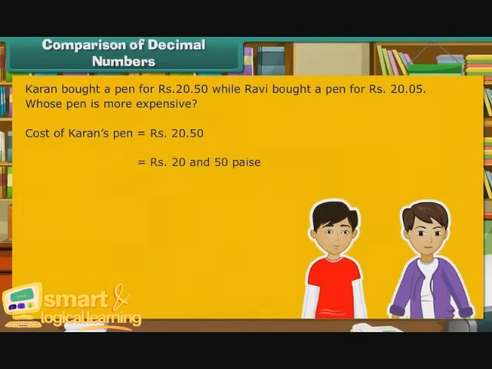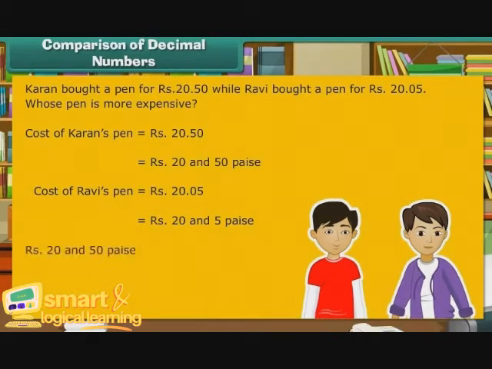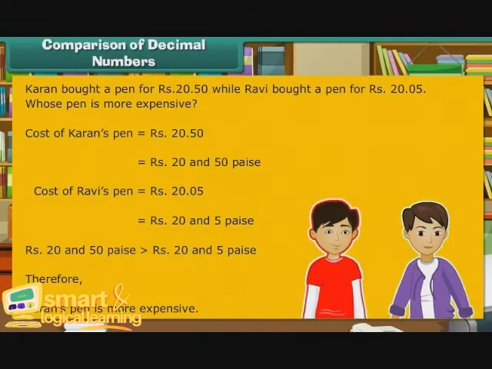That is equal to rupees 20 and 50 paise. Cost of Ravi's pen is equal to rupees 20.05. That is equal to rupees 20 and 5 paise. Rupees 20 and 50 paise is greater than rupees 20 and 5 paise. Therefore, Karan's pen is more expensive.